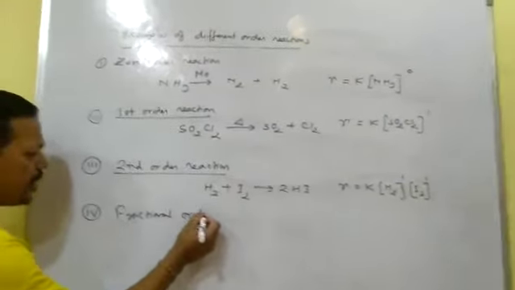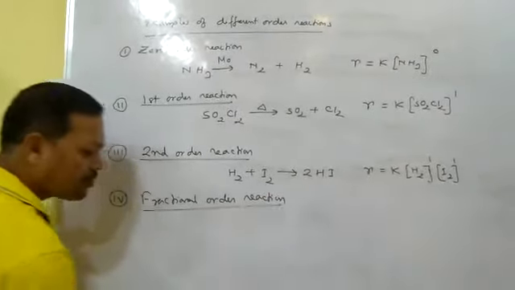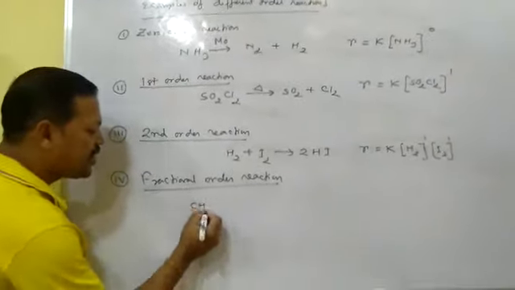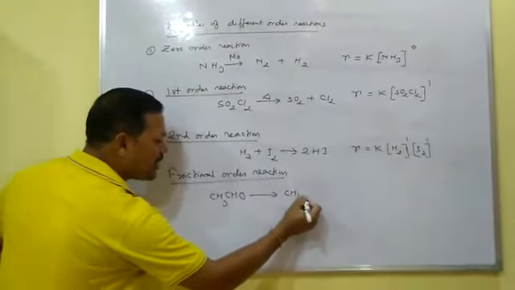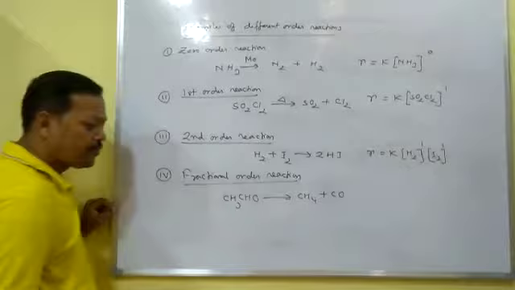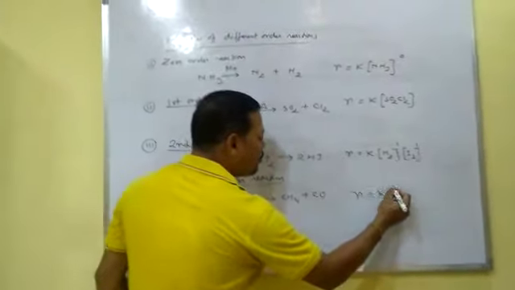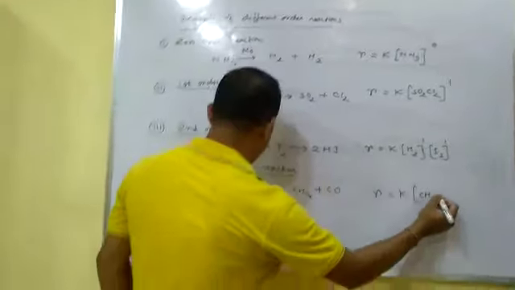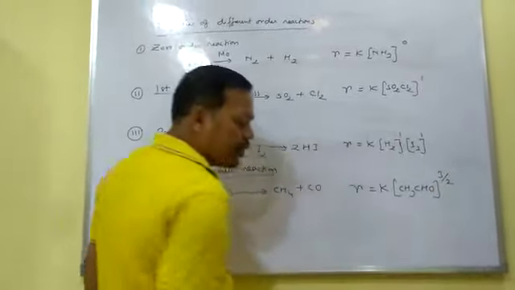Number 4, I'll give you one fractional order reaction. You should know one example. Fractional order reaction: CH3CHO, when it decomposes, it produces methane and carbon monoxide. In this reaction, the rate of the reaction is found to be K, concentration of CH3CHO to the power 3 by 2.